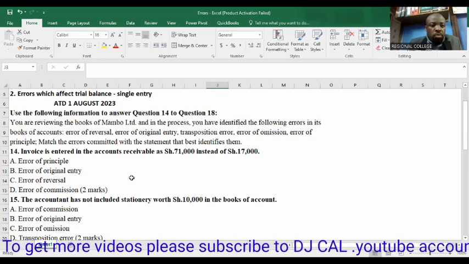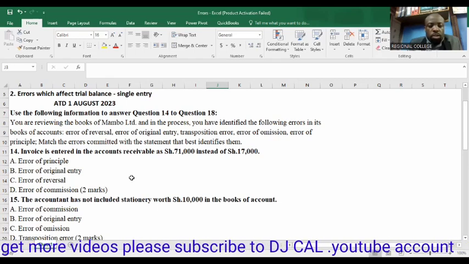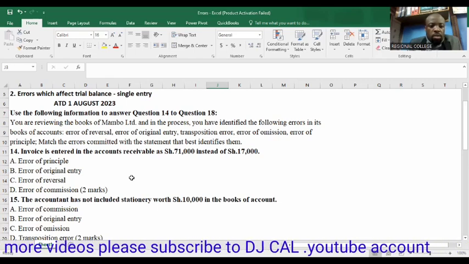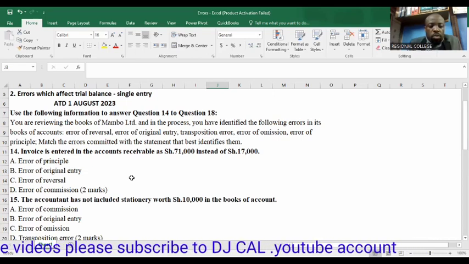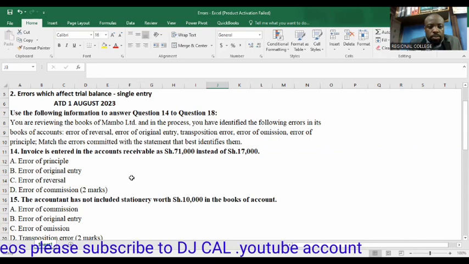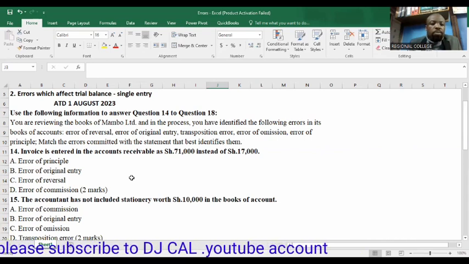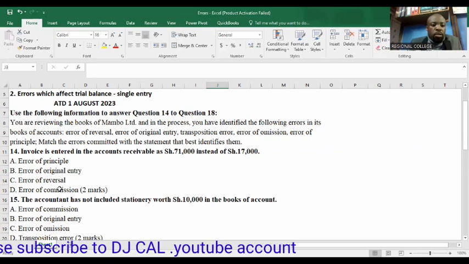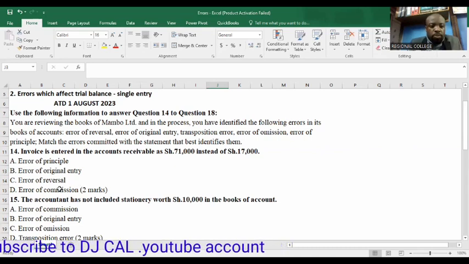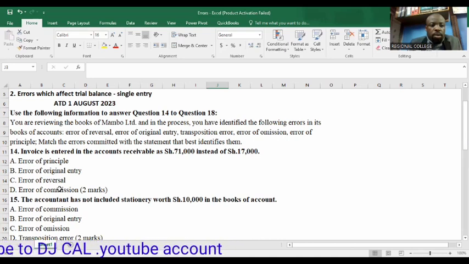You're given the error of principle, error of original entry, error of reversal, and error of commission. So this question is testing whether you know the meaning of these errors. If you know the meaning of the errors, you'll be able to answer that question.